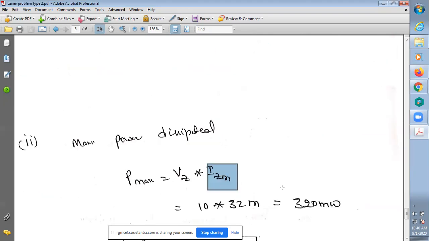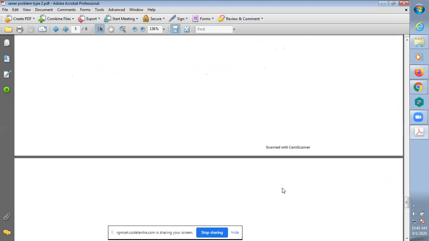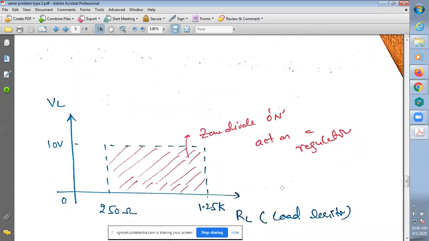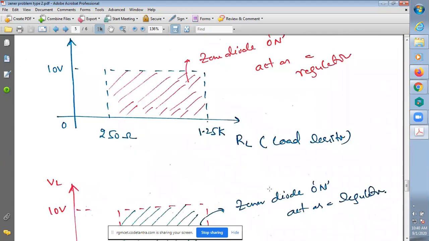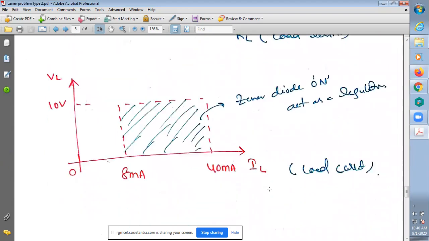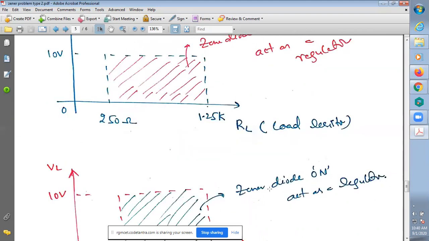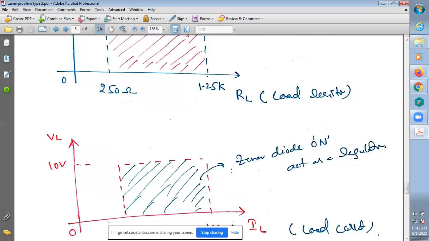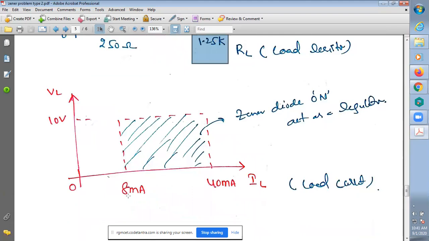Like that, we have to calculate the minimum load resistor, maximum load resistor values. Similarly, minimum load current and maximum load current, right? In competitive examinations, in type 2 problems, they ask you to find the minimum RL, or otherwise find the maximum RL, or otherwise find the minimum IL or maximum IL.